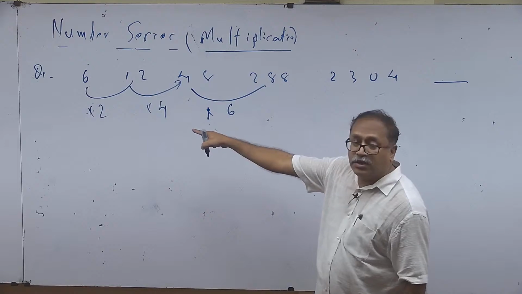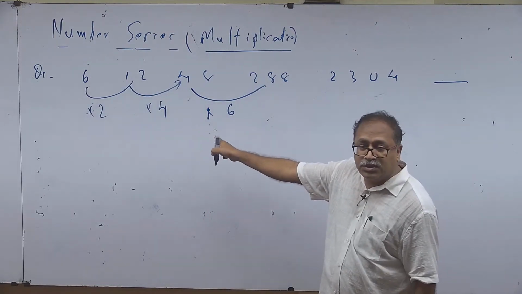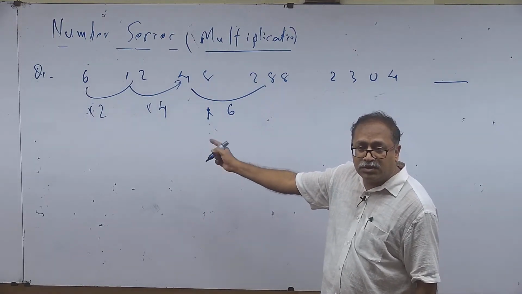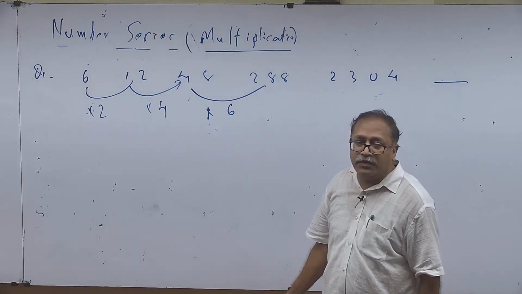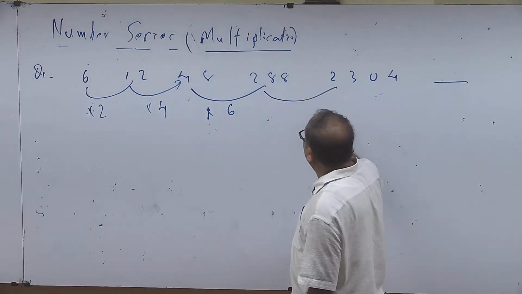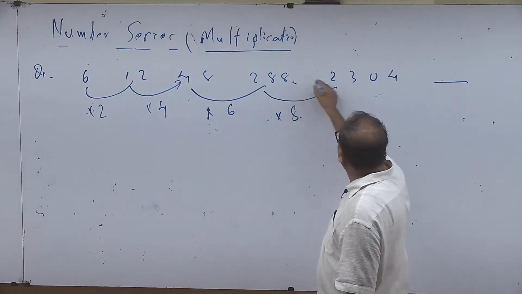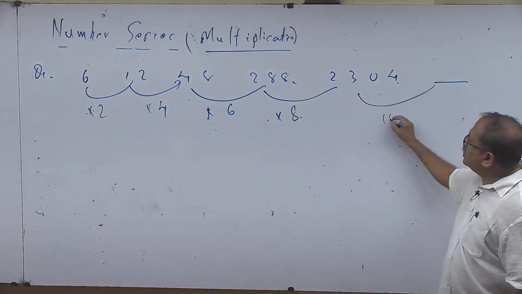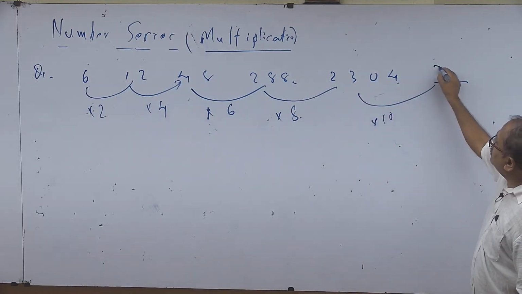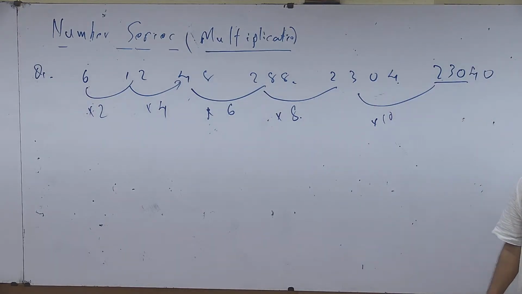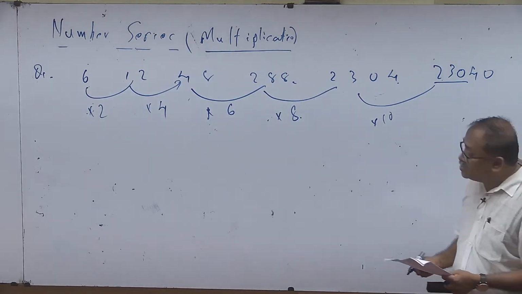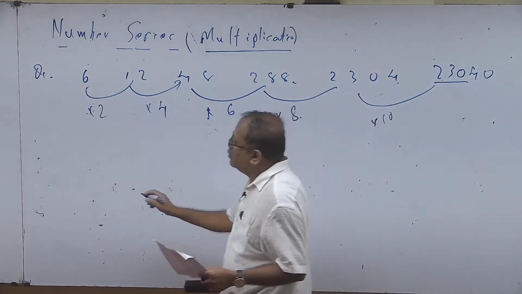Now the pattern is identified. 2, 4, 6, the next 8, the next 10, the next 12. You are able to identify the pattern. So let's move on from here to here. That's 8, 8, 8, 64. I can see that. So my answer is into 10. So simply 2, 3, 0, 4, 0. That's all. Okay, it's a multiplication, which is a very simple question.